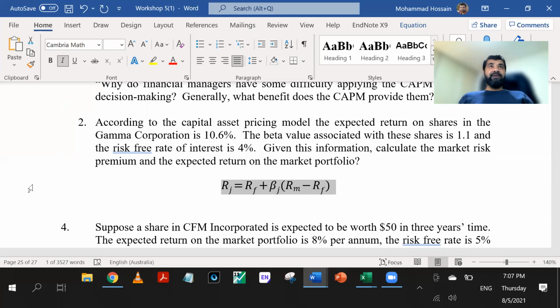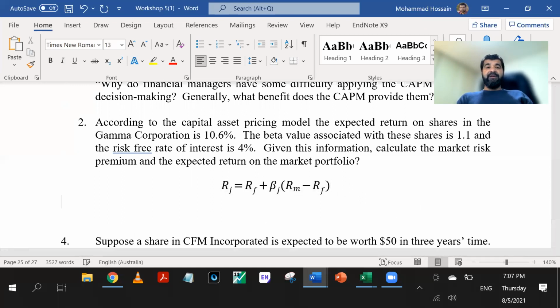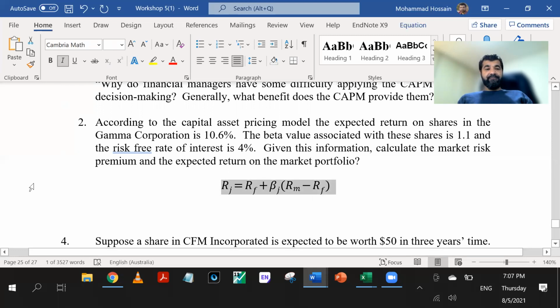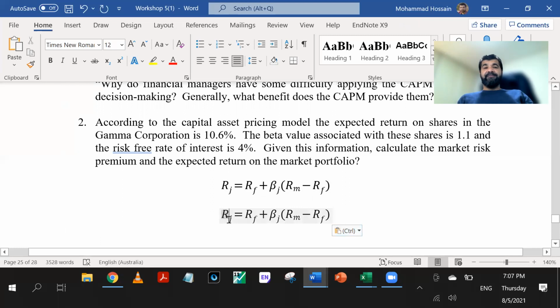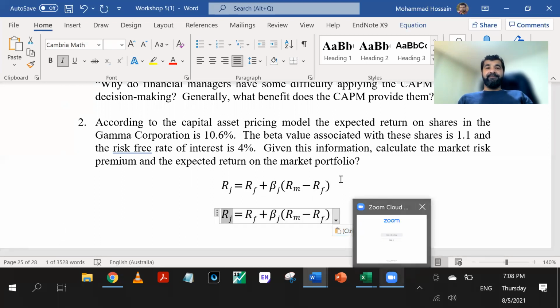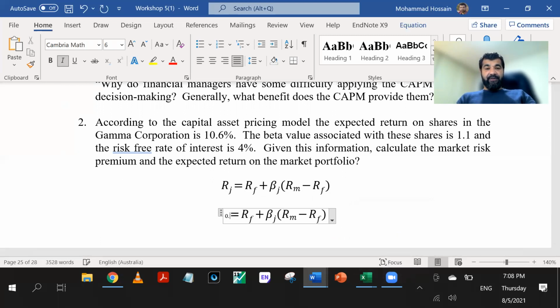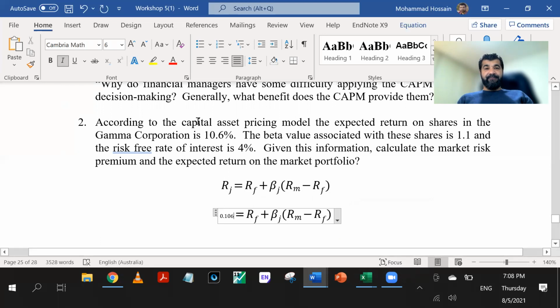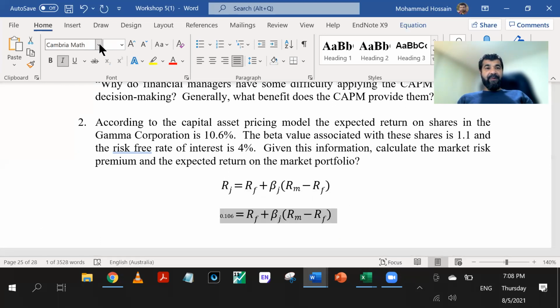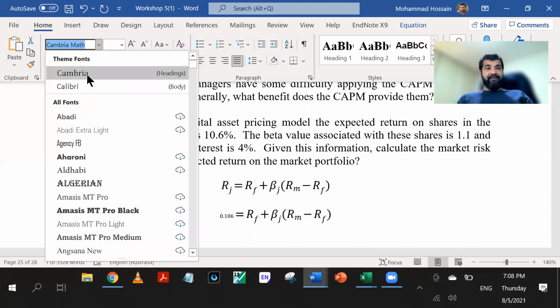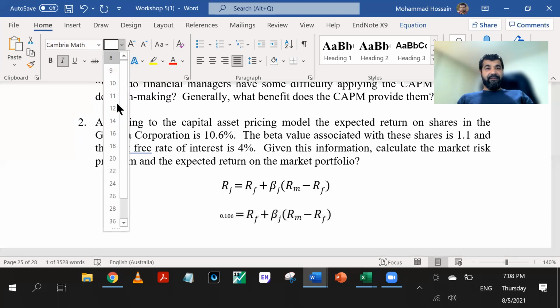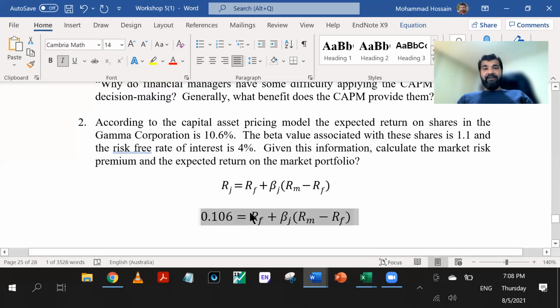What do we need to find out? RJ is given. How much is our RJ? 10.6%, so 0.106.